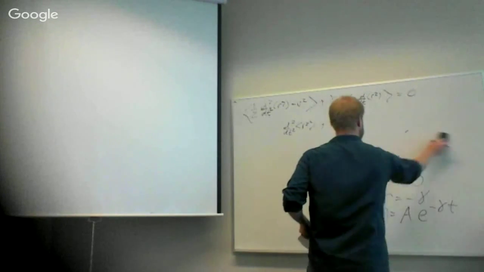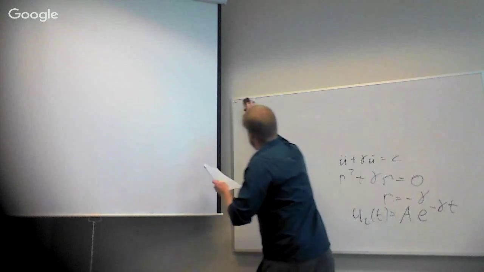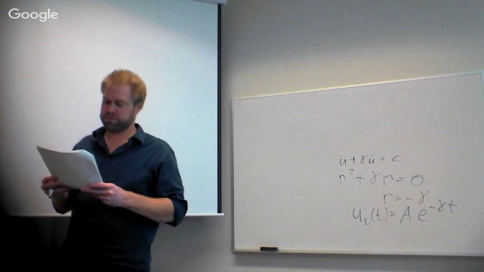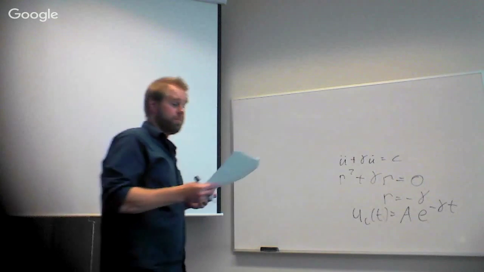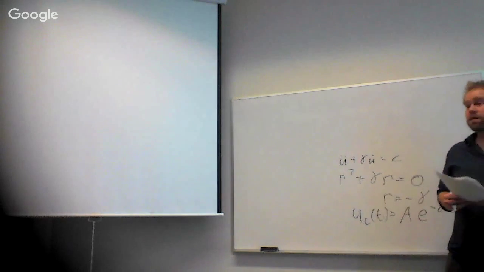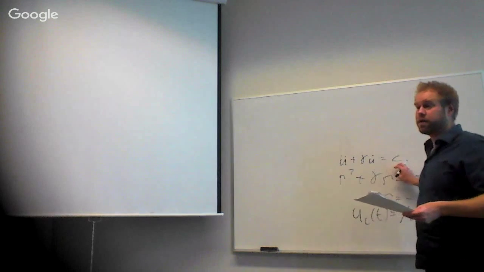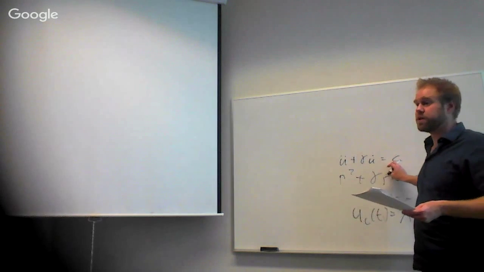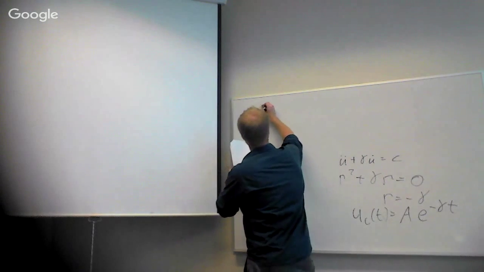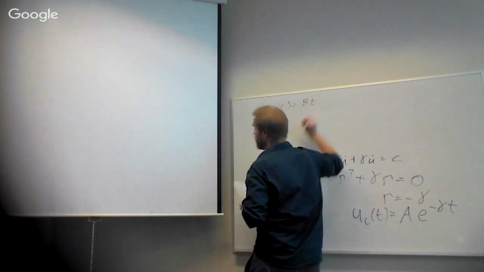And again, I have to erase this stuff. So any ideas for the particular solution? Well, it's pretty easy here, right? Because we just have this constant on this side here. And so we can make a good guess. The particular solution is probably just going to be linear.